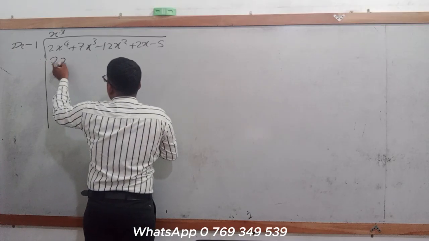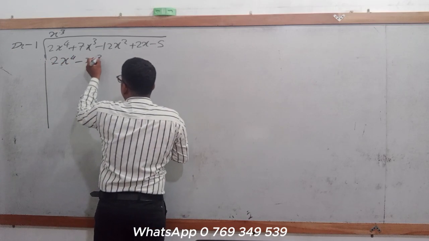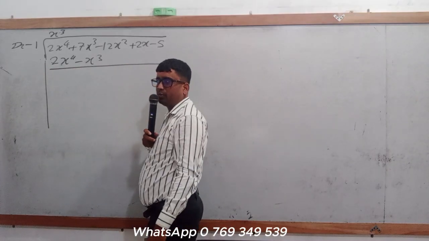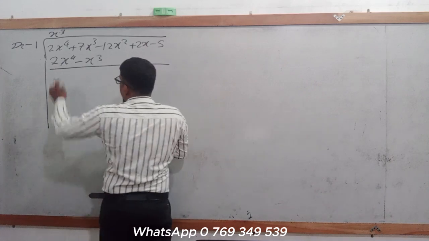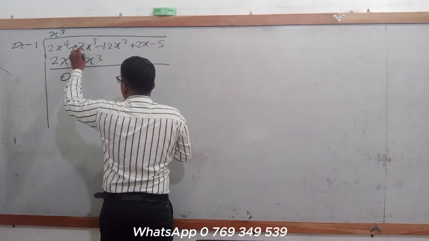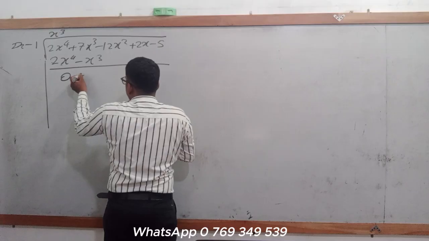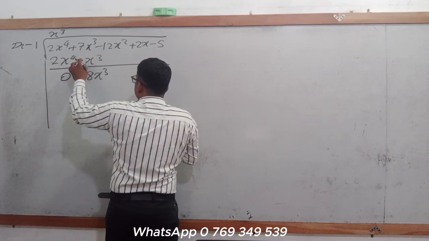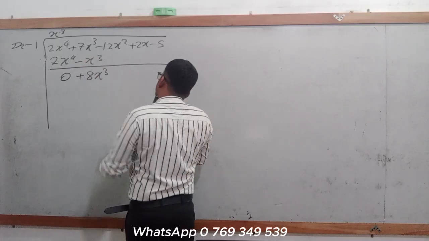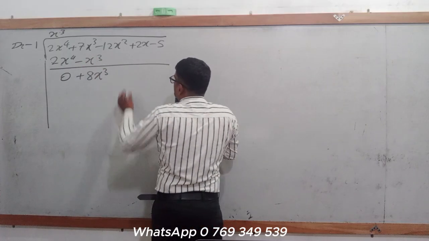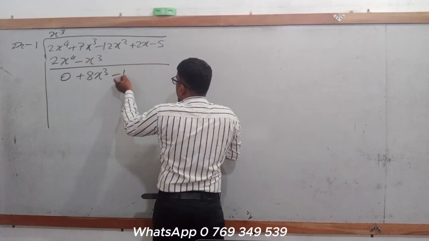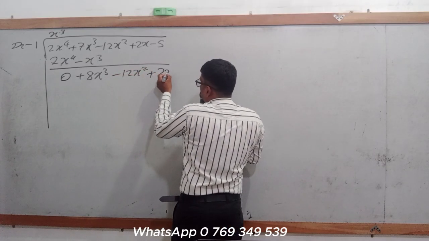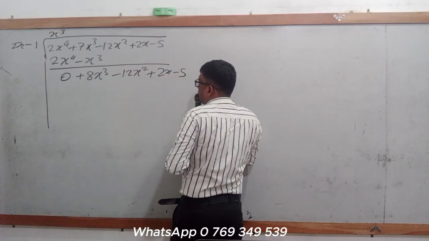Here, 2x^4 minus x cube, right? 2x^4 minus x cube. And this one minus this one. What about 8x cube? 7x cube minus x cube, that is 8x cube. And these things also come here, right?